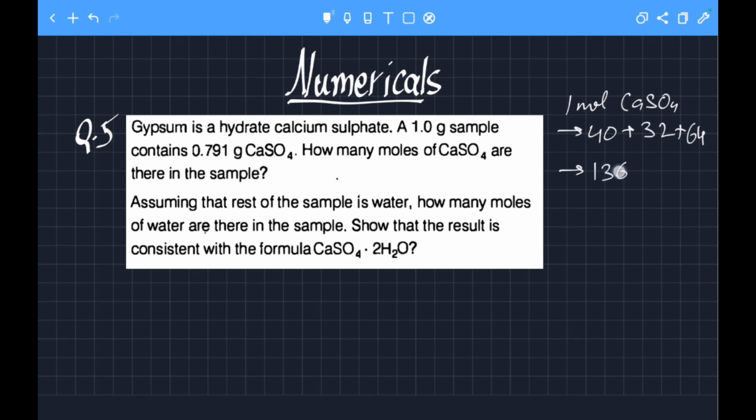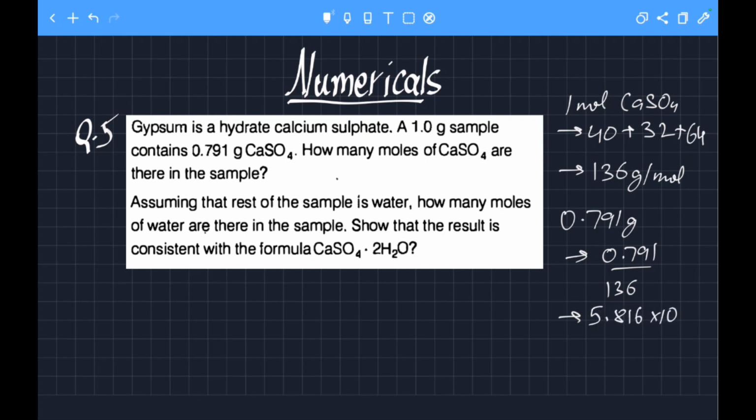So total is 136 grams per mole. सबसे पहला प्रॉब्लम तो वैसे ही सॉल्व हो गया. हाउ मेनी मोल्स? सो 0.791 ग्राम को अगर मोल में कन्वर्ट करना है तो 0.791 divided by 136. The total will be 5.816 into 10 raised to minus 3 moles. So this answer is in moles.